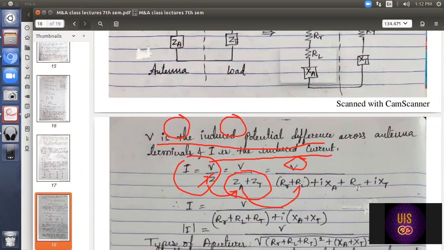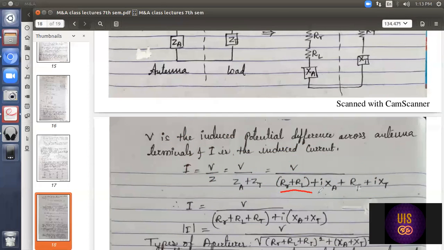Write it: resistance RR plus RL, this is the real part, the resistance part, and this is the reactance part, j into XA. This is for ZA, the antenna impedance. Similarly, substitute for ZT. It is RT plus jXT, resistance and reactance. So after substitution, we will get this.